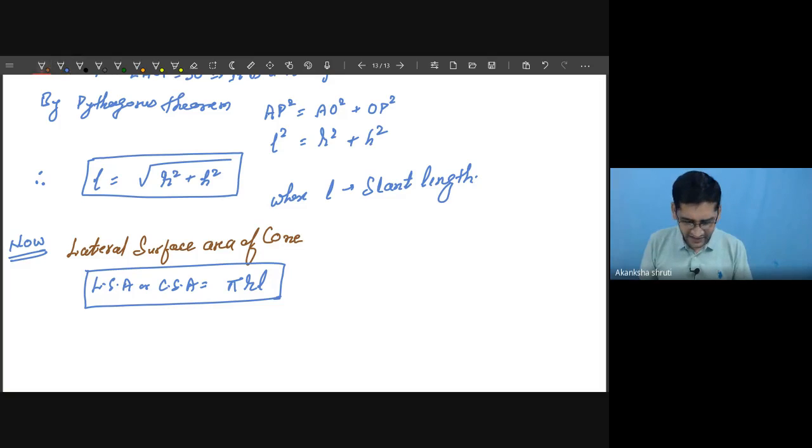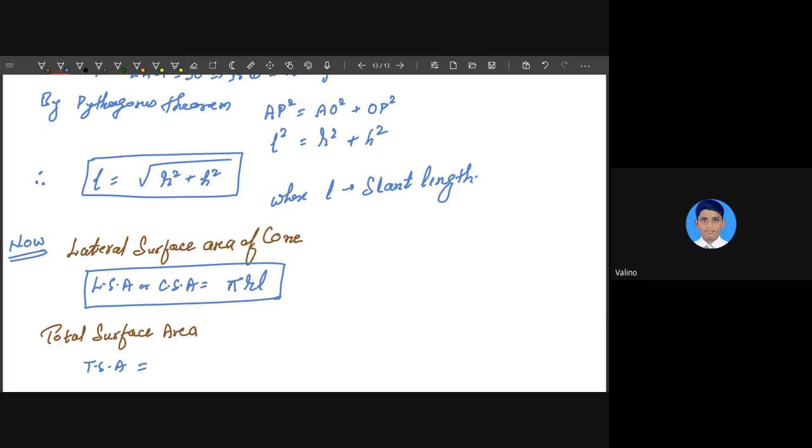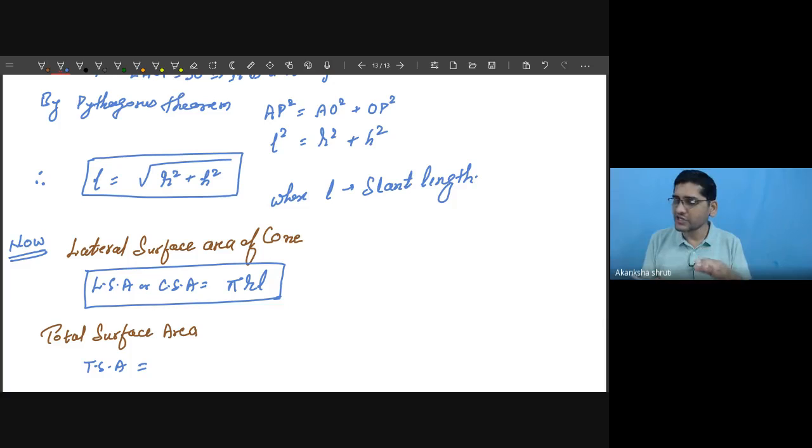The next one is total surface area. Total surface area is obtained by adding the area of the circular base to this LSA.